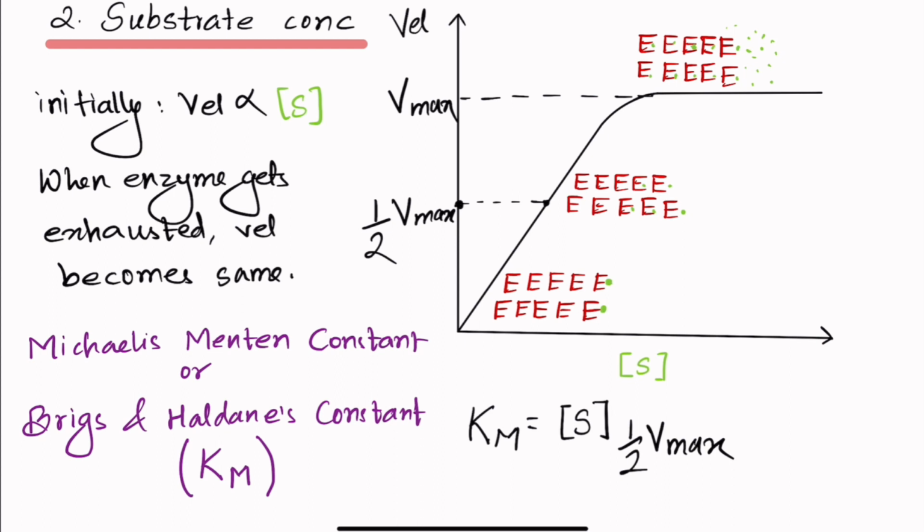Corresponding to the velocity, here's the substrate concentration. This particular concentration right here. So the substrate concentration at this particular point gives the Michaelis-Menten constant. So Michaelis-Menten constant is the concentration of the substrate during which the velocity of the reaction is half of the maximum velocity.